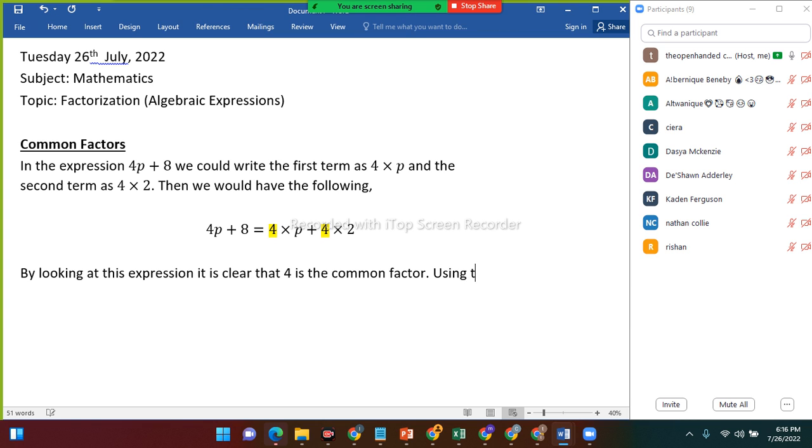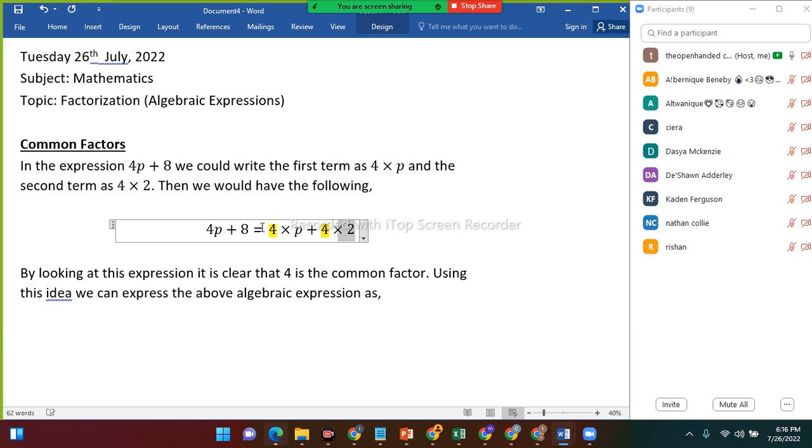Using this idea, we can express the above algebraic expression as, so we can take what we have above, and we can essentially factorize it.